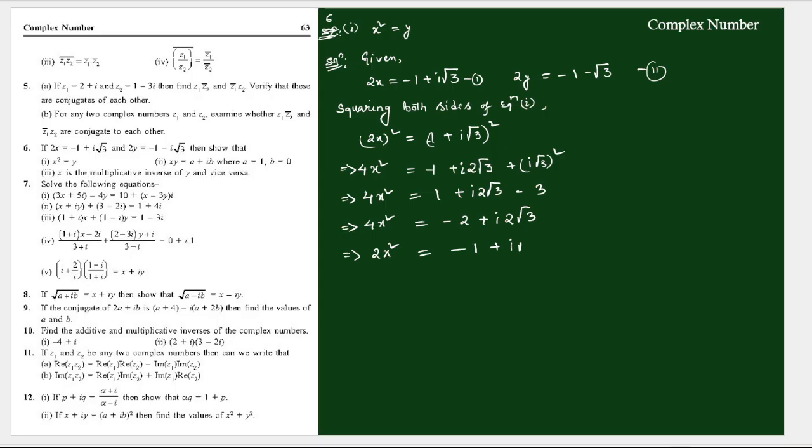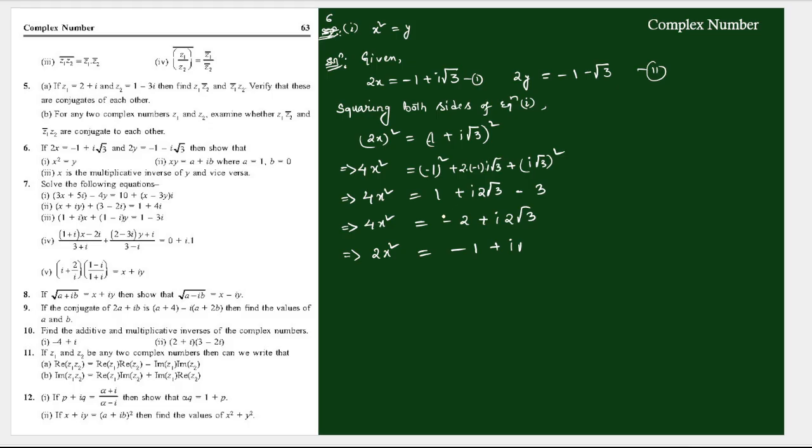So this will be minus 1 square. Minus 1 square is 1. Here you will get minus 1. That is why if you write it in shortcut form, 2 into minus 1.